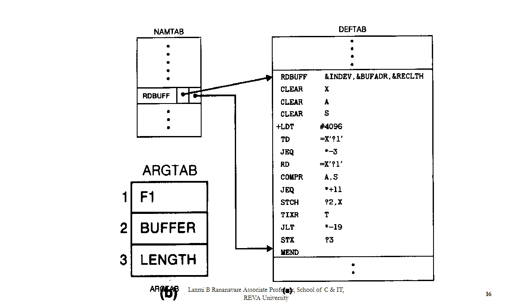And the third is ARGTAB, which has the entries of the actual parameters, as we have discussed, F1, buffer and length, which are the actual parameters in the macro call. Those must be stored in the ARGTAB.